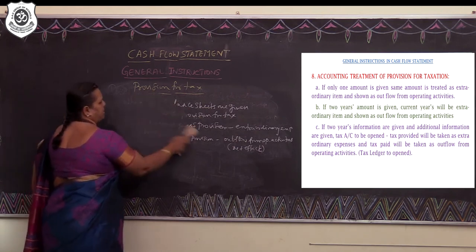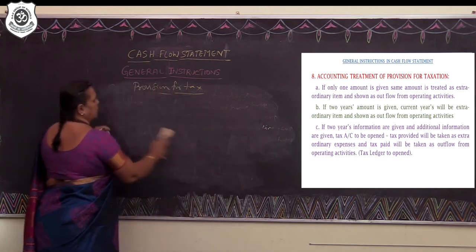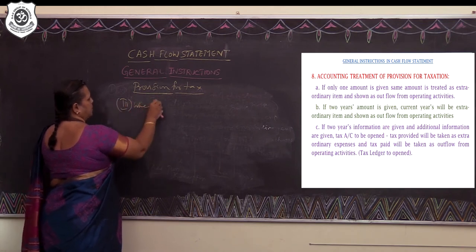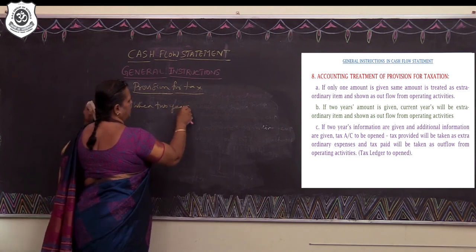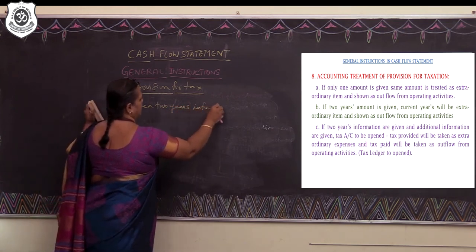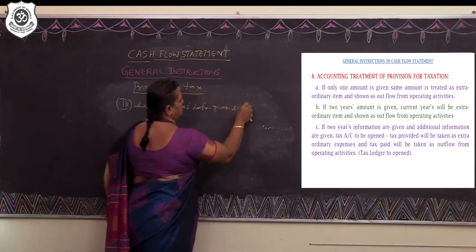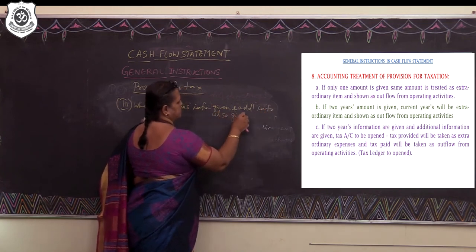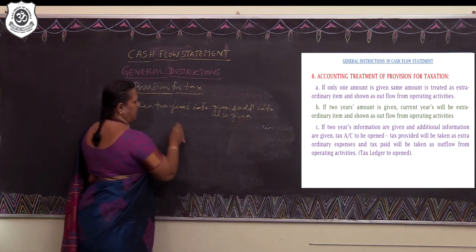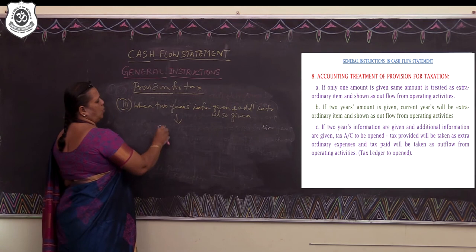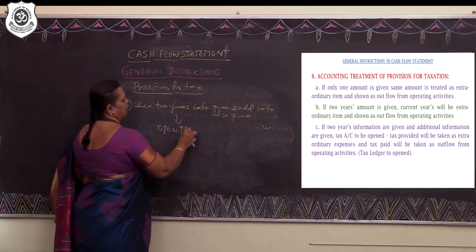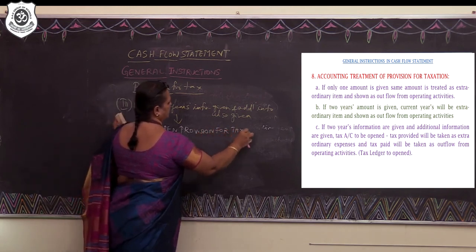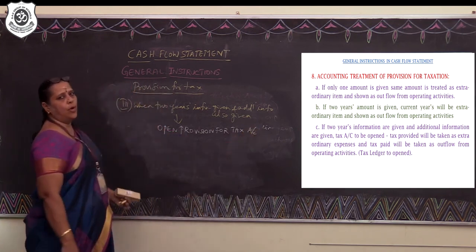Suppose the third case, when two years' information is given and additional information is also given, then mandatorily open the provision for tax account.